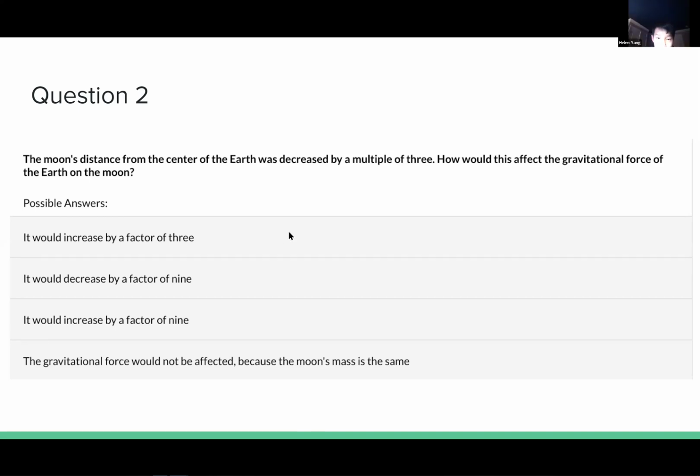Okay, so I'll go over the question now. The moon's distance from the center of the Earth is decreased by a multiple of 3. How would this affect the gravitational force of the Earth on the moon? So you would still write the equation F equal to G times M1 times M2 over R squared.